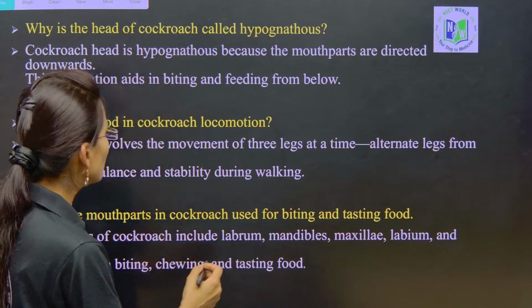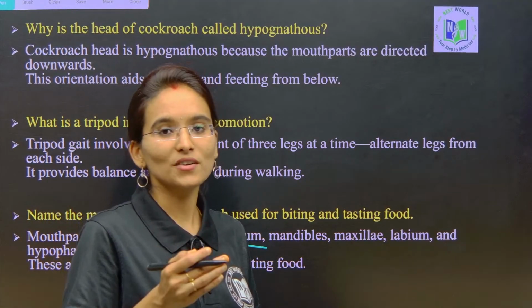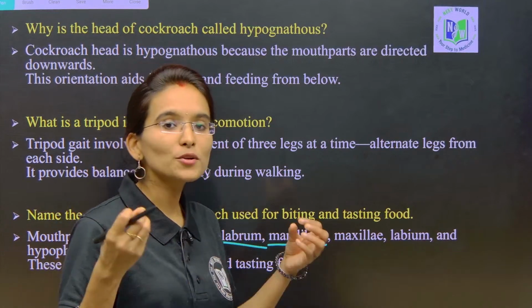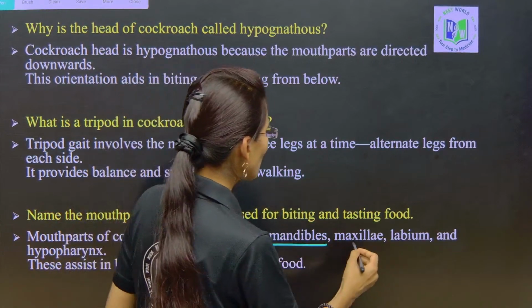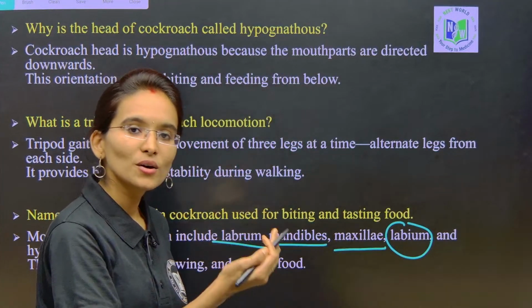Labrum. What is labrum, my dear students? Upper lip. Next, mandibles, which help to bite and chew, then maxillae and labium. Labium is the lower lip.